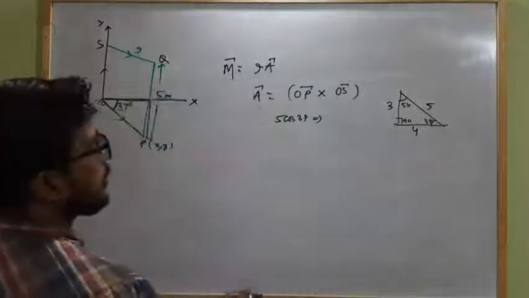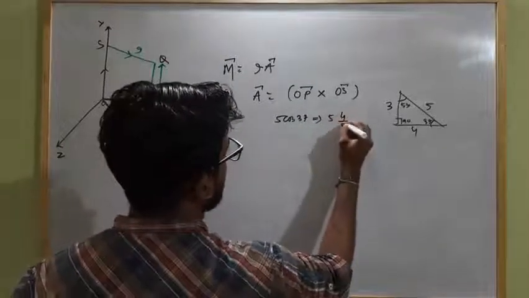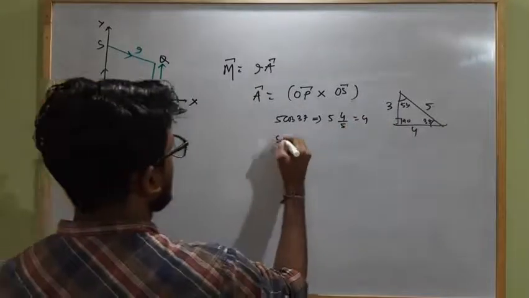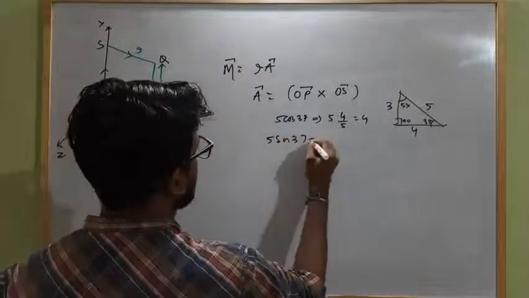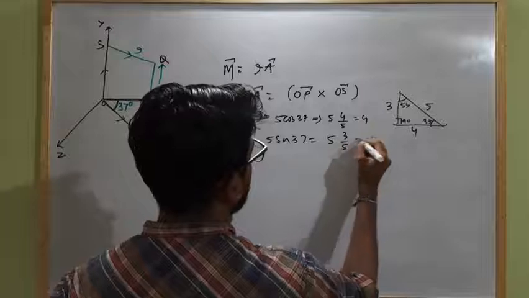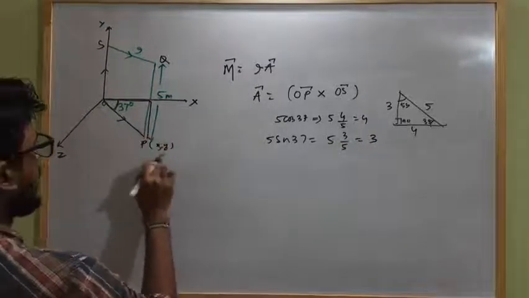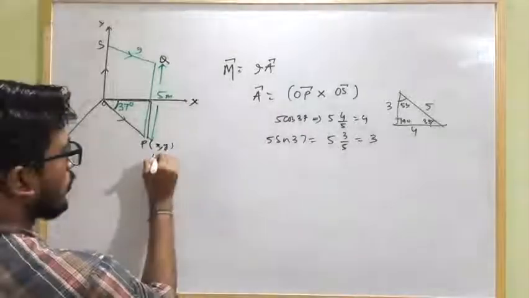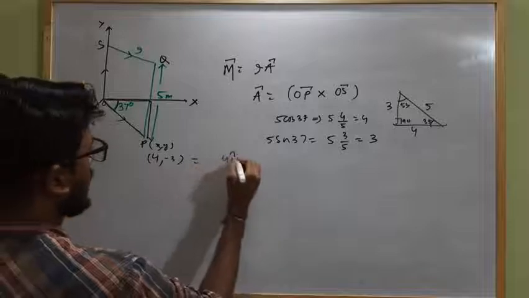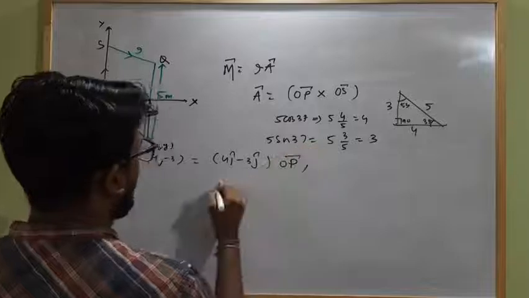Cos 37 will be B by H, 4 by 5, so this will be 5 into 4 by 5, which is 4. And 5 sin 37 equals 5 into P by H, 3 by 5, is 3. So the Y coordinate will be minus, and the coordinates will be 4 and minus 3. So OP vector equals 4 i cap minus 3 j cap.